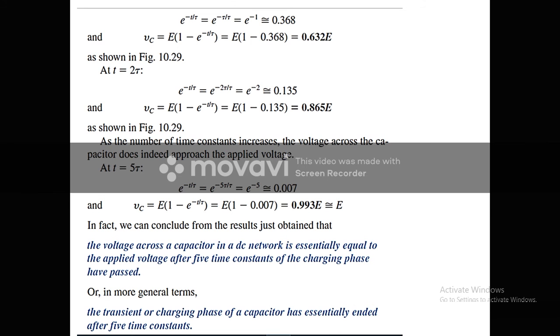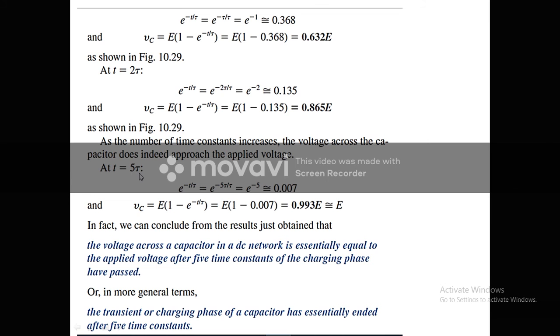That is why I have already taught you that the time required to completely charge or completely discharge the capacitor is equal to 5 tau. In seconds it varies, it could be 50 seconds or 20 seconds, depending upon the tau value.